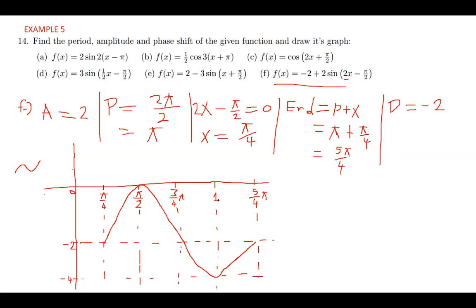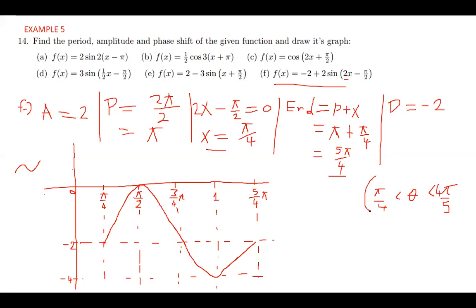Here we are not given the domains. We are just making our own domains here. In short, we are making our own domains in the sense that we were finding the first point where we should start from, and then the last point where we should end. So if the graph for this domain was to be given, it would have been like this: pi over 4, then maybe they say less than theta less than 4 pi over 5.